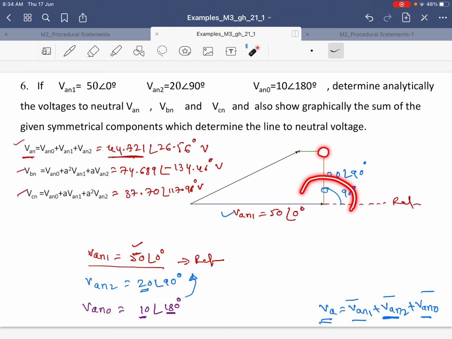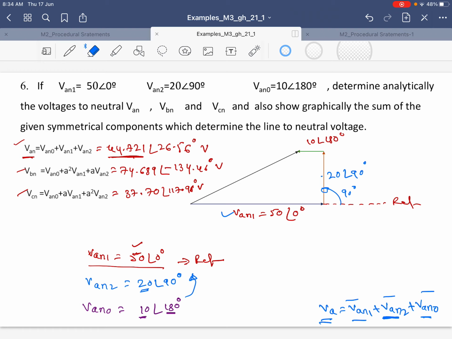The phase displacement with respect to this is 180 degree. Therefore, what I am drawing here is 10 an angle of 180.